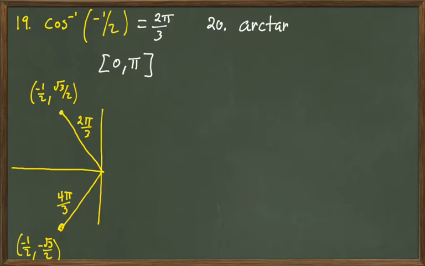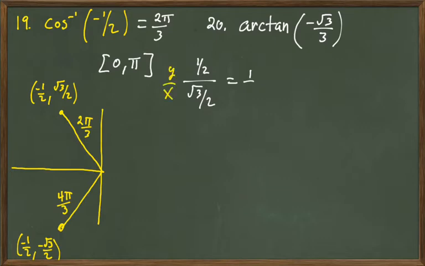All right, how about the arctangent of negative root 3 over 3? If I take 1/2 divided by root 3 over 2, this would be your y over x. We'll go ahead and rationalize that. That gives us root 3 over 3.